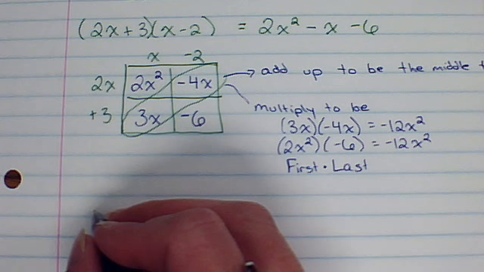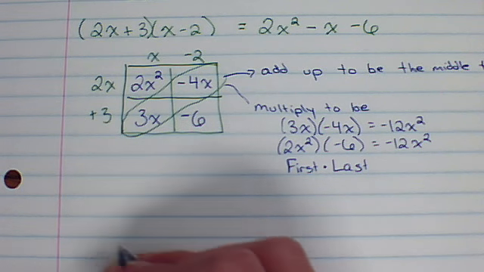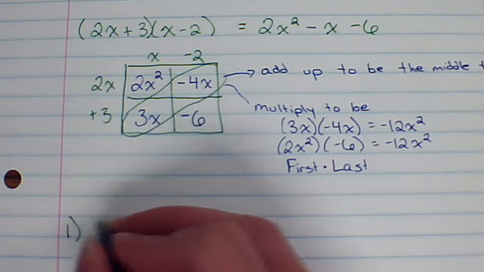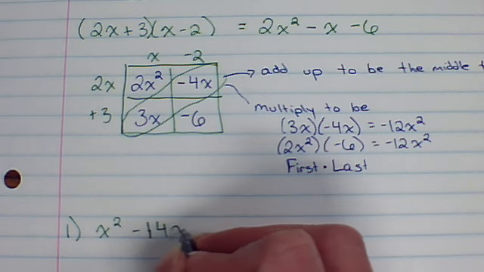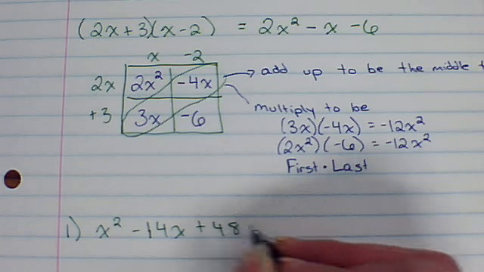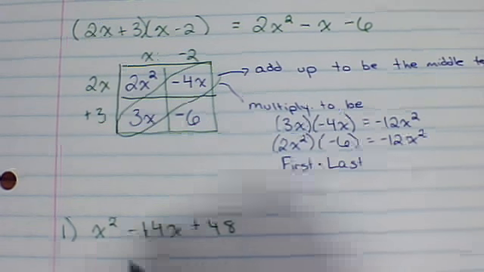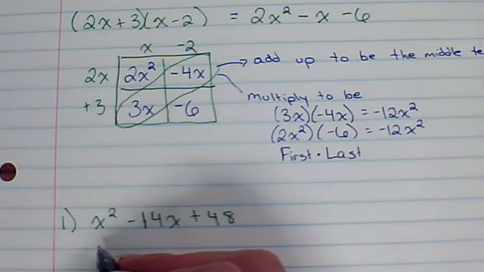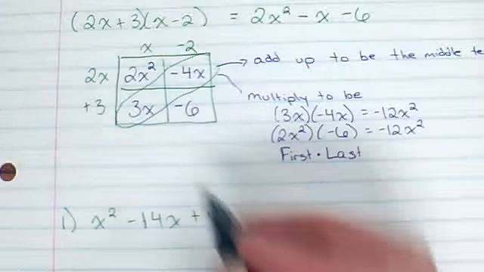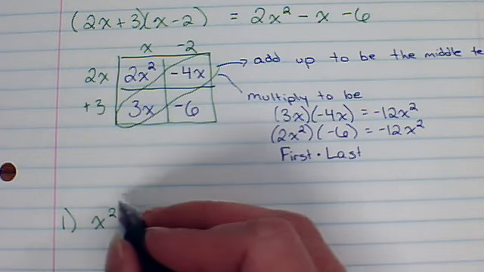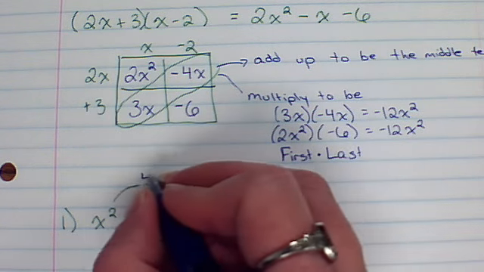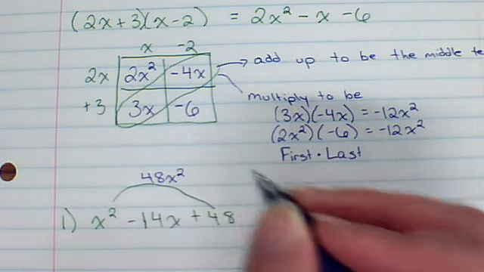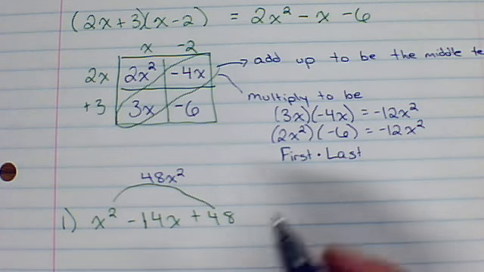Let's look at this one. I'll do a simple one that we could have done in our heads maybe, but we'll just do an easy one here: x squared minus 14x plus 48. What we're going to do is figure out what those two diagonal terms are. Those two diagonal terms are going to multiply to be 48x squared, and they need to add to be that middle term.